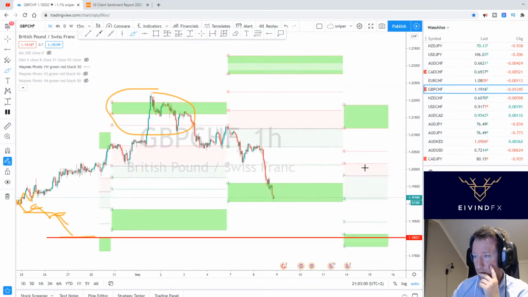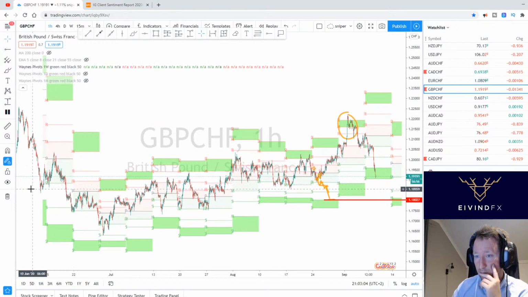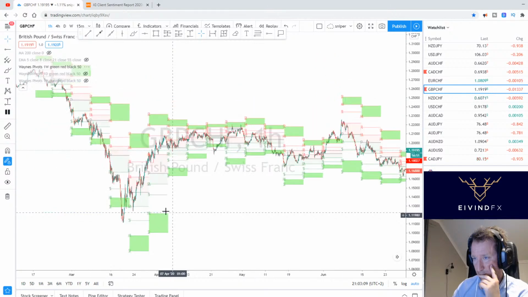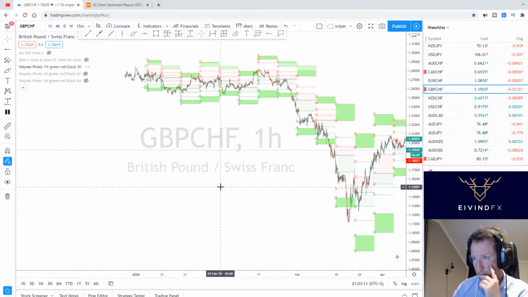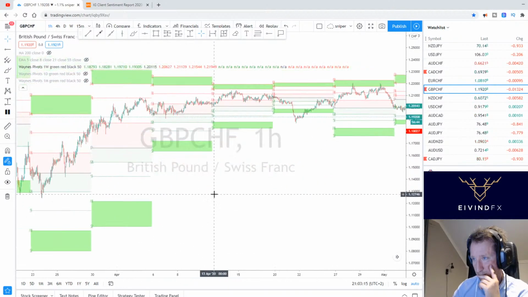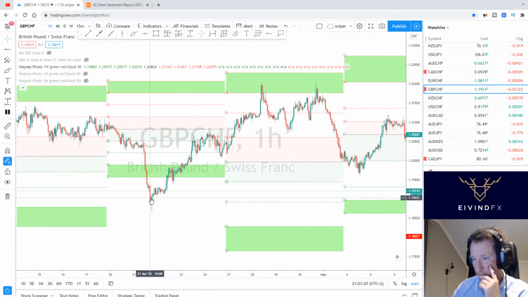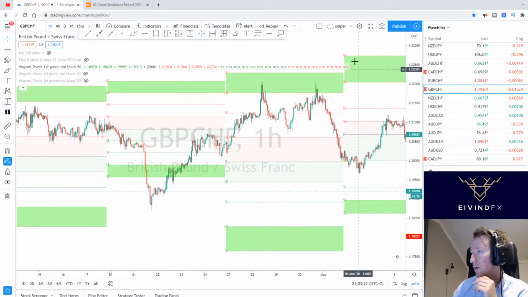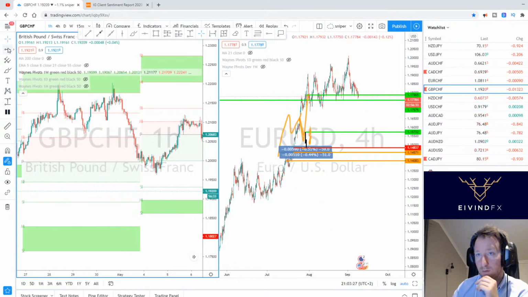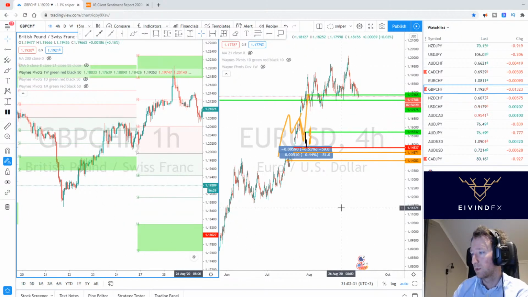Is that just me or what is going on? So for example, back in April, if you look here, 21st of April, versus pound yen, for example, should do the same thing.